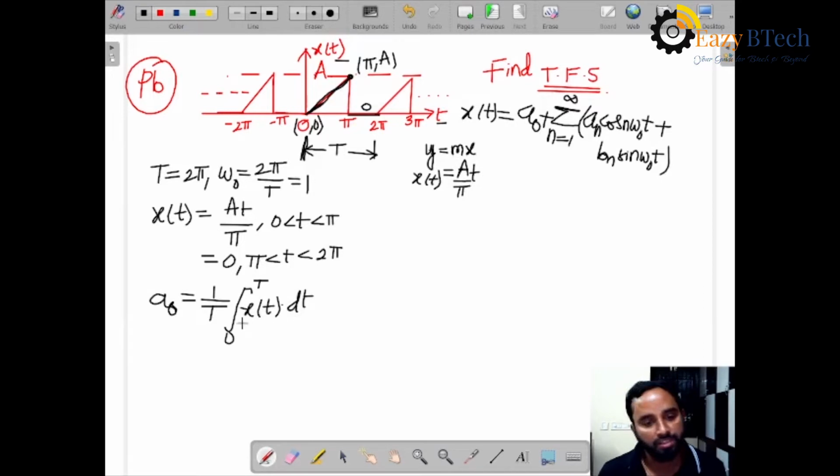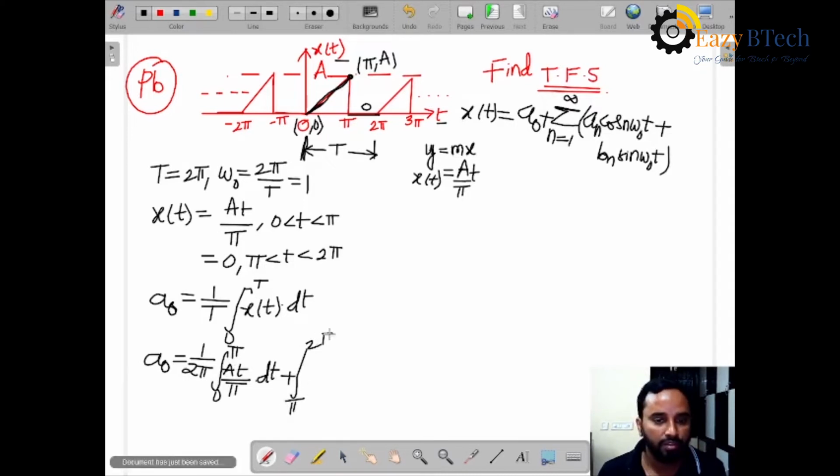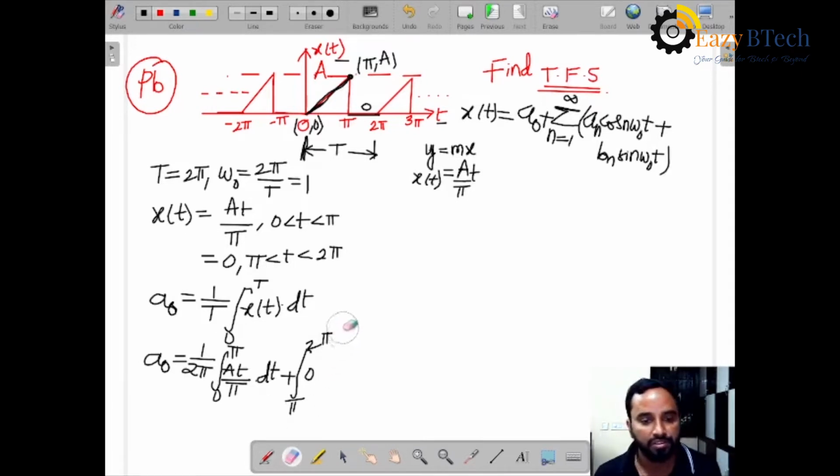From pi to 2 pi it is 0. That is why we can do 1 by 2 pi integral 0 to pi of A t by pi dt. And from pi to 2 pi, x of t is 0, so no need to do it.